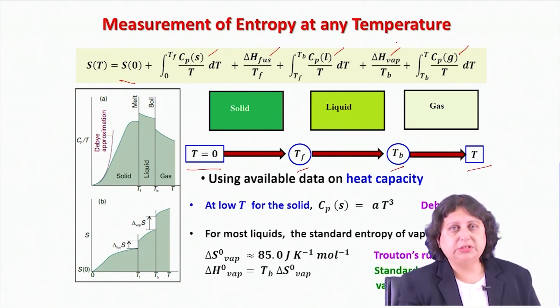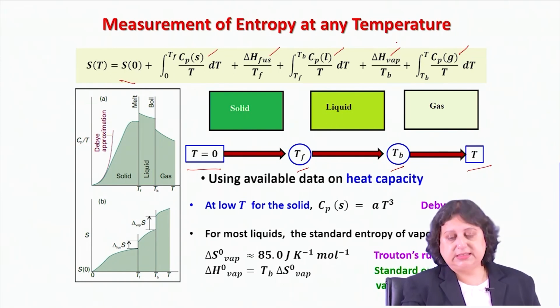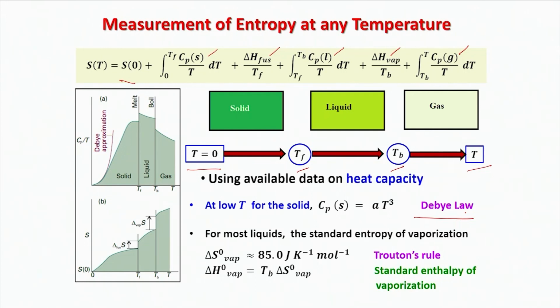We can also use known experimental results, such as the Debye law, which says that for a solid at low temperature the heat capacity goes as T cubed, and therefore put this expression back in here, carry out this integration, and evaluate that particular integration for a given value of A. Similarly, we can use Trouton's rule to find out the delta H of vaporization under standard conditions. So, once we can do that, it is possible to measure entropy at any temperature, provided we know S of 0.